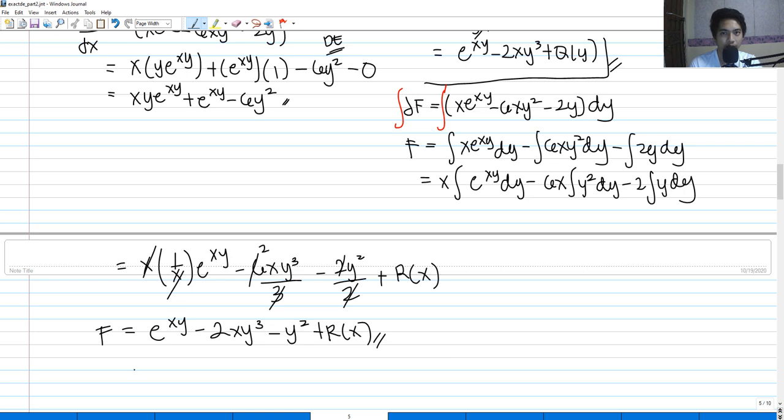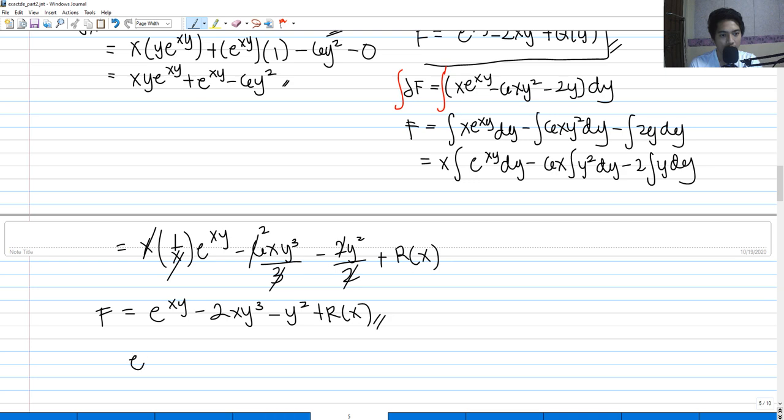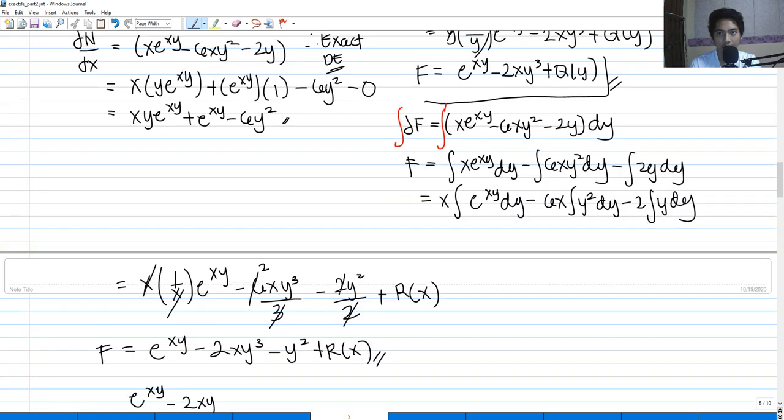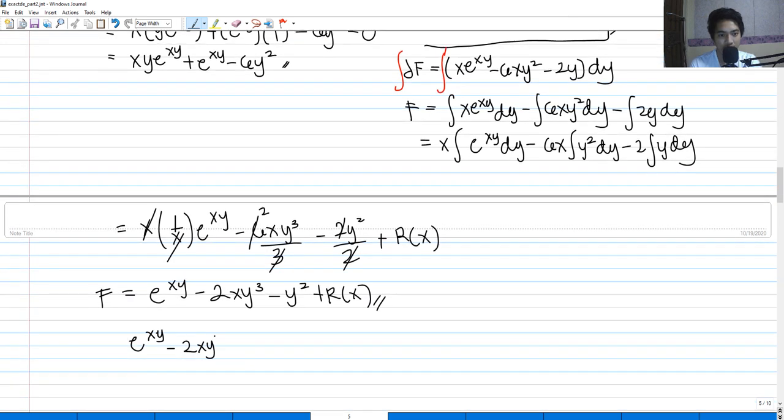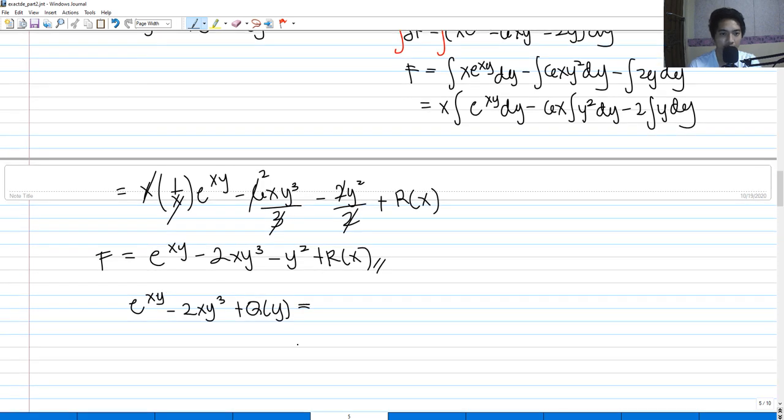So we equate them. First, this is our f: e raised to xy minus 2xy cubed plus q of y. We equate it with e raised to xy minus 2xy cubed minus y squared plus r of x, to determine the values of q of y and r of x.